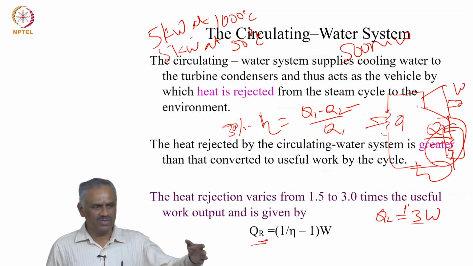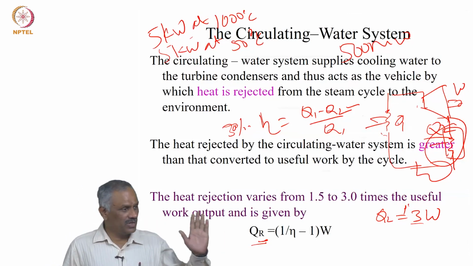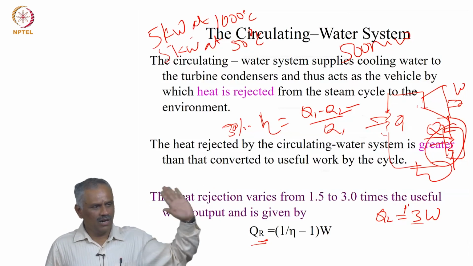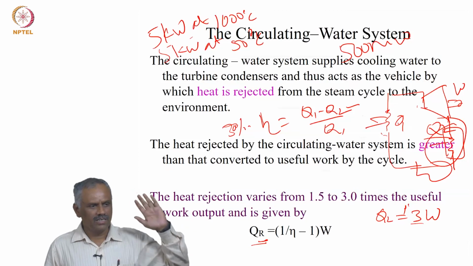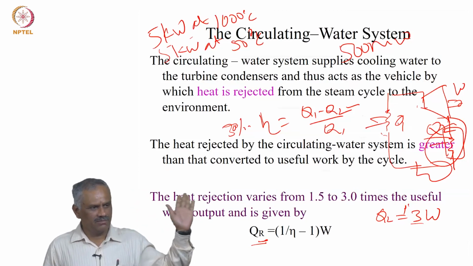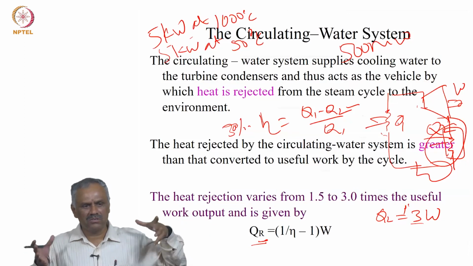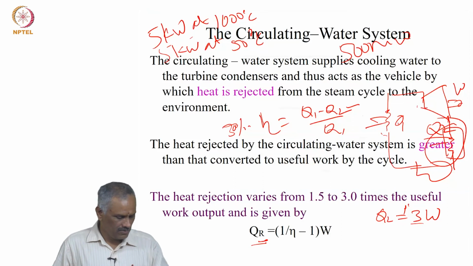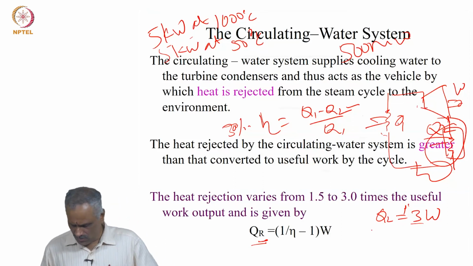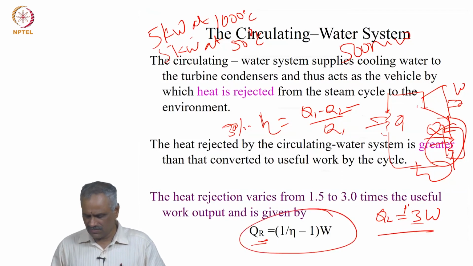Next time when you travel by train, on the north side, which trains go to Vijayawada or even Delhi, at the entry of Chennai, you can see that there are a lot of industries and big water coming out. That is the condensing water. Okay. So, this heat rejection is very high, that is why we have to design this.